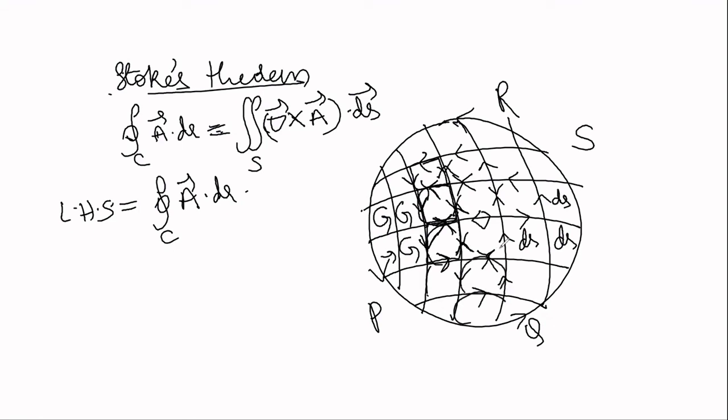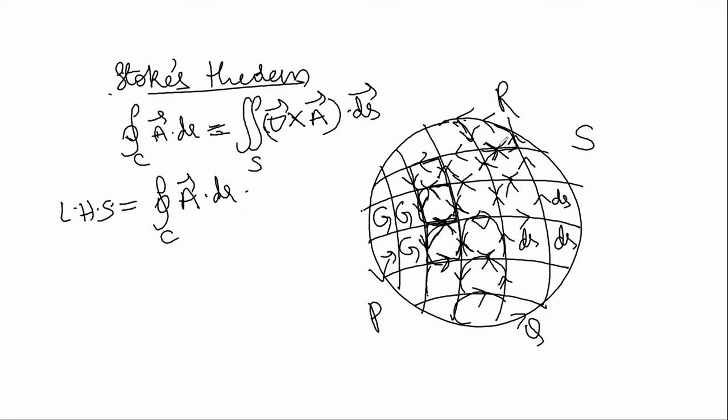I'm taking all the dS. Now I'll consider this element here. This way, this way, this way, and this way. Now for this surface element, it would be this way, this way, this way, and this way. Now this would be cancelled because this is in this direction and this vector is in this direction.